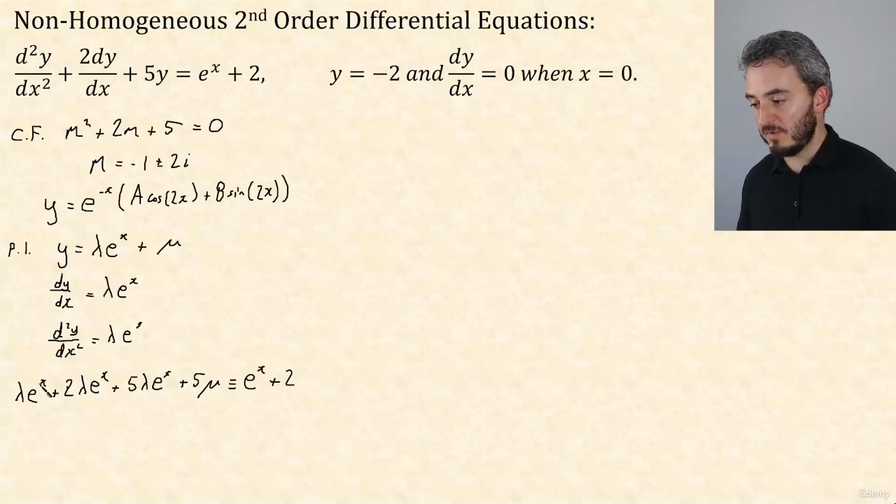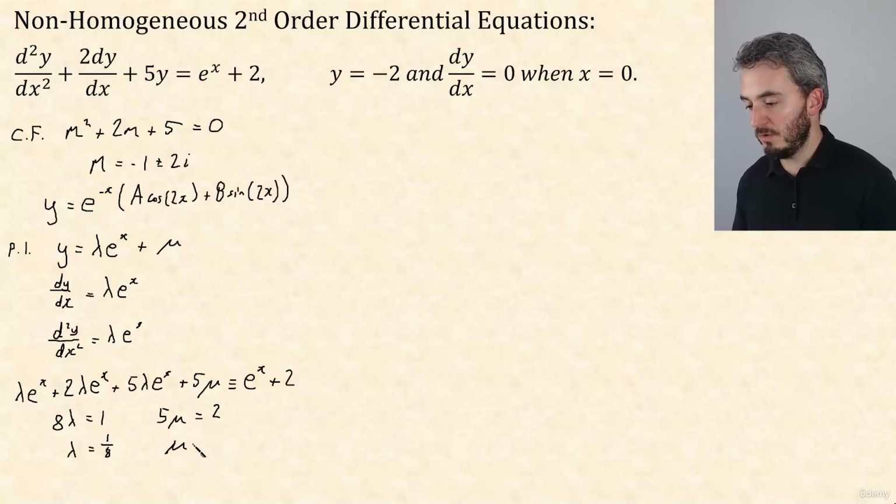So the coefficient of e to the x on the right is 1, and on the left 1 plus 2 plus 5 is 8 lambda. So 8 lambda equals 1, and therefore lambda is 1/8. The constant is 5 mu. That needs to be equal to 2, and so mu is 2/5.